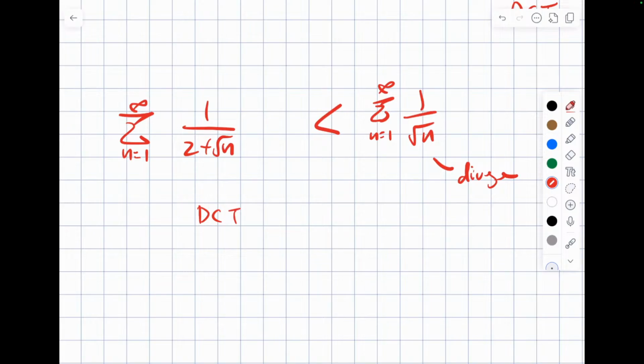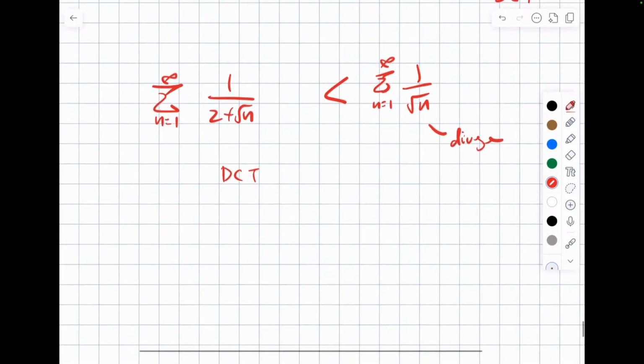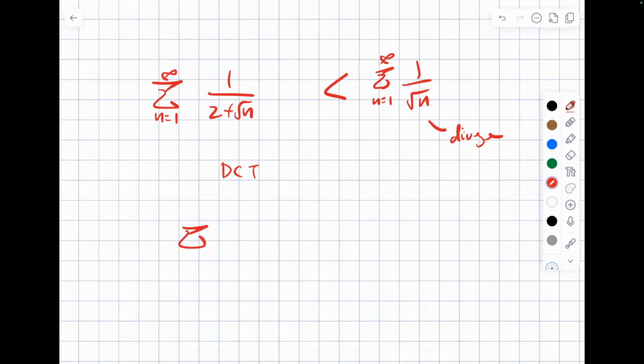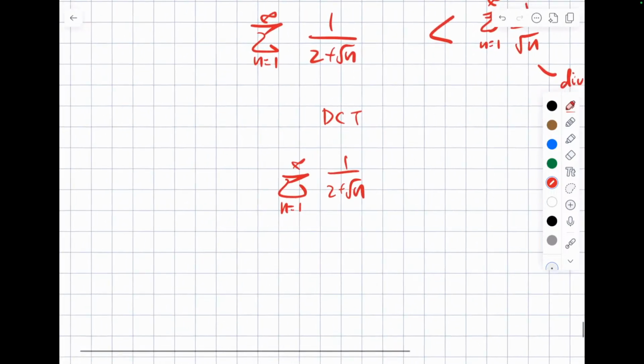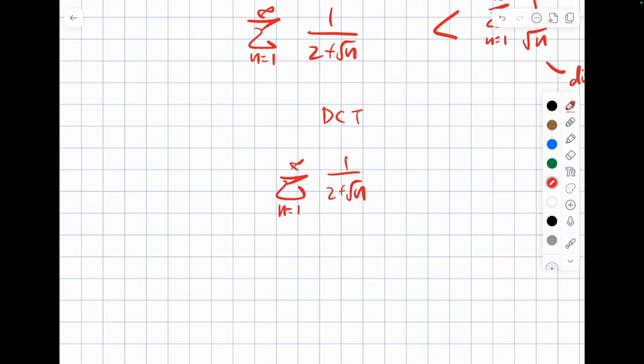So you have to compare with another one. What's the best one to compare with? 1 over n. So is 1 over n bigger or smaller than this? It's smaller when n is greater than 4. So 1 over n is smaller, summing n equals 1 to infinity.